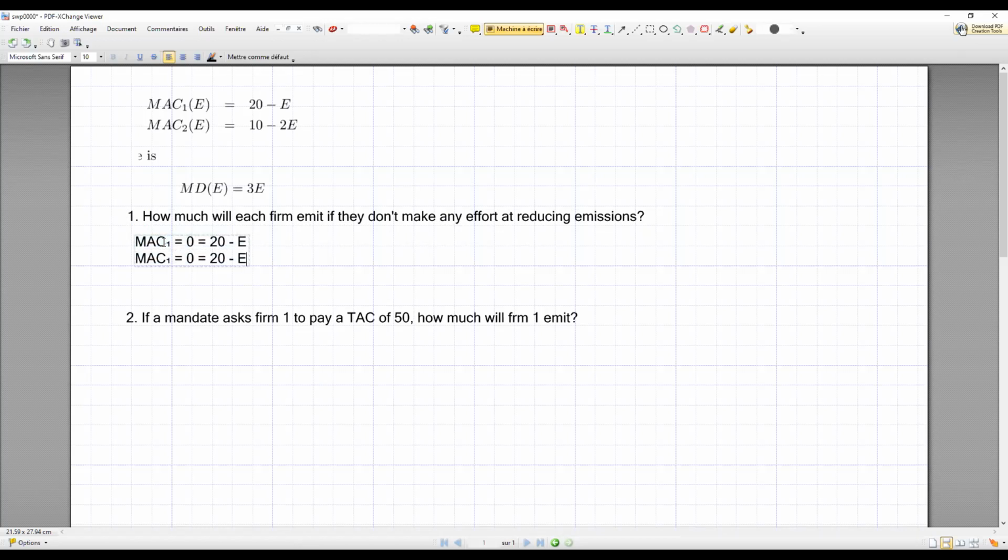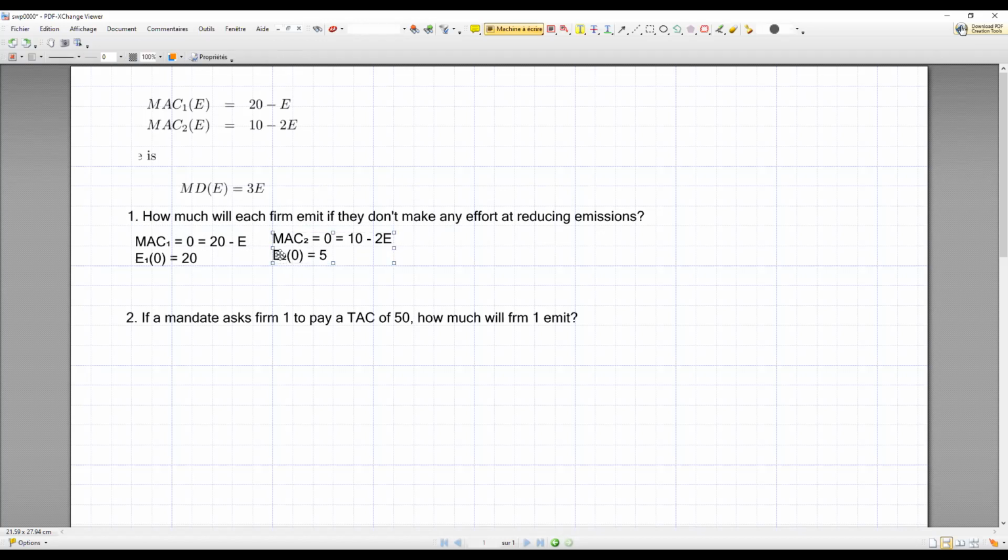So you get E equals 20. And 10 minus E. So you get that. E, let's say that's E1, E1 of 0, would be equal to 10 divided by 2, so that's 5.